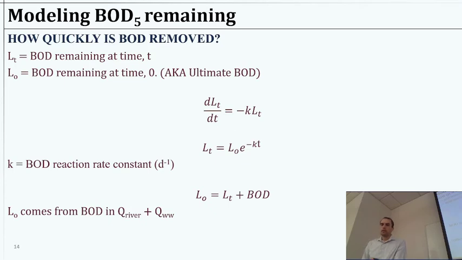Okay, so we've defined BOD itself. We know how to measure it. There's a new term we're going to introduce that's essentially BOD remaining. Okay, so by modeling the amount that's remaining in the water, BOD itself is a slightly counterintuitive term because this is the amount of oxygen that will be demanded relating to how much junk is in the water.